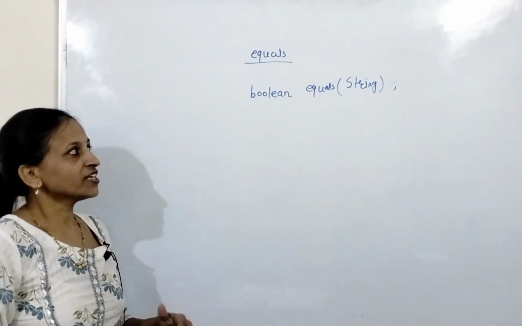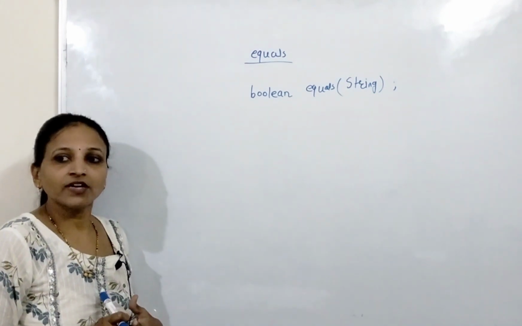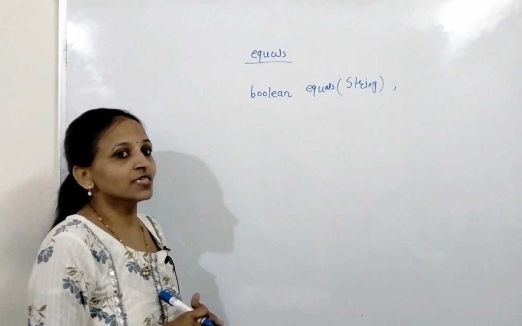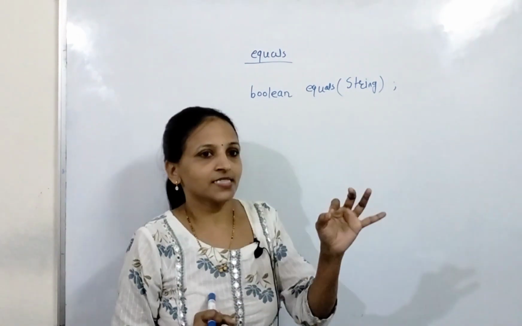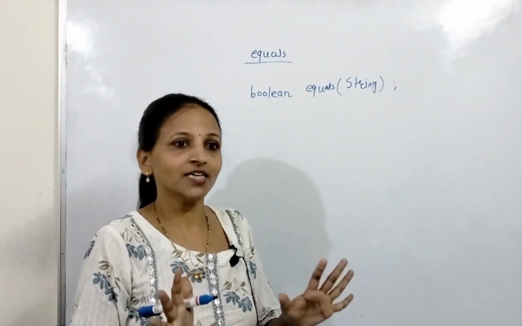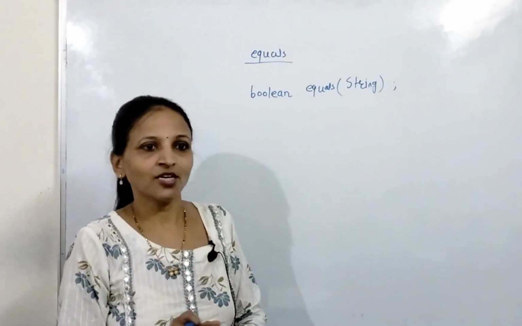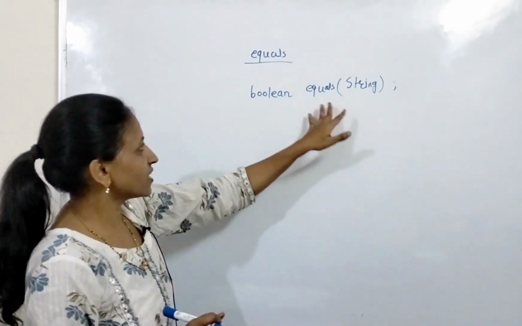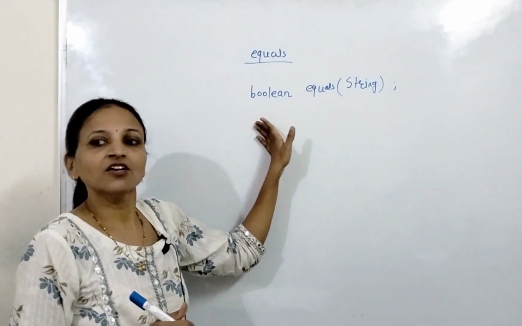It will check whether both strings are equal or not, but it will consider the case. If the contents and the case are both the same, then only it will return the true value, otherwise it will return false.